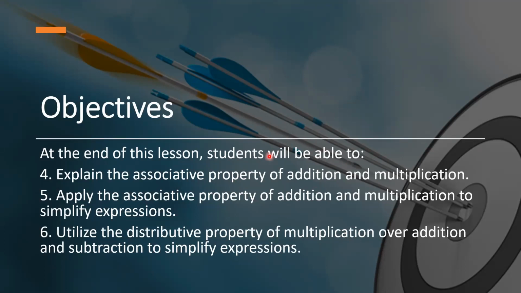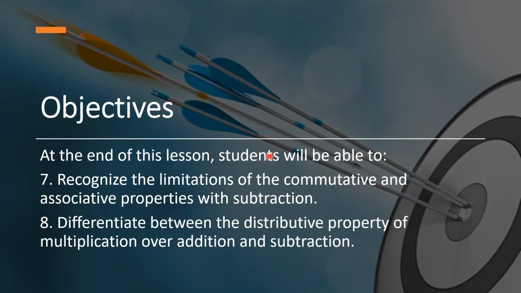And two more: recognize the limitations of the commutative and associative properties with subtraction, because there are limitations there. We have to figure out the difference between the commutative property of addition and subtraction.